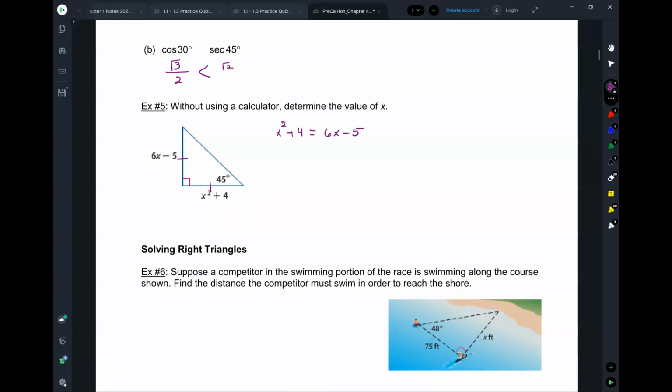And in another problem, like the one in your homework, it's going to be a 30, 60, 90 triangle, so you just have to set up that relationship. Now this is an innocent algebra 2 problem, right? Remember these? Now we factor. This is x minus 3 squared equal to 0. So x is equal to 3. Okay?